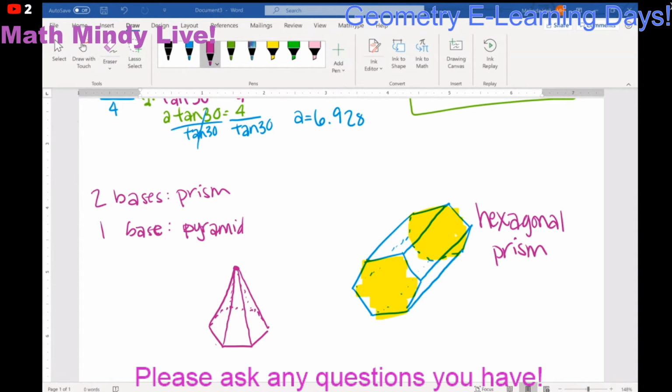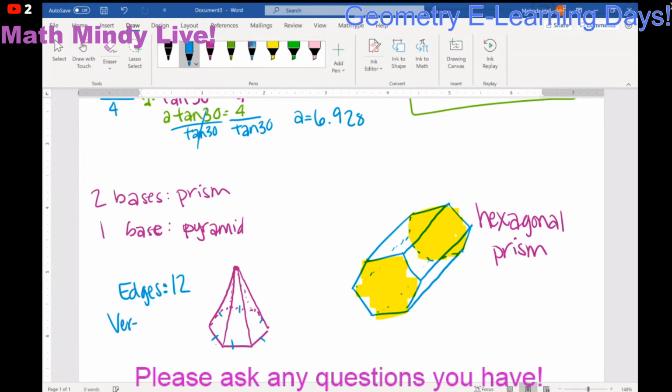Identifying the edges and vertices. Keep in mind that your edges are basically the lines. And so in this hexagonal pyramid, we would have 1, 2, 3, 4, 5, 6 along the bottom, and then 6 around the top. So we would have 12 of those.